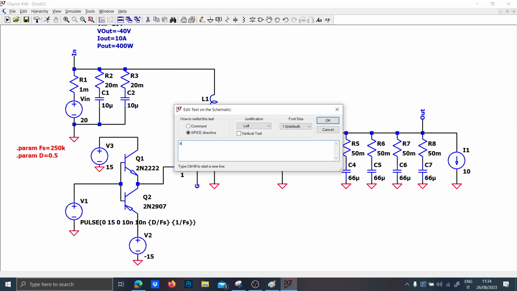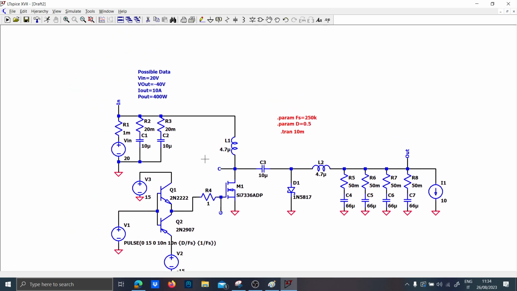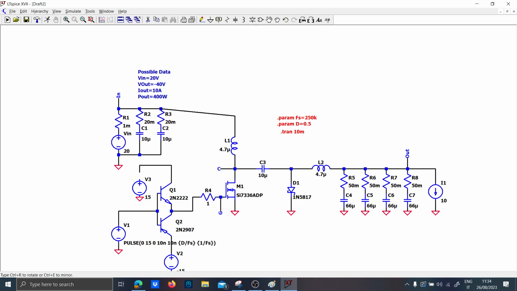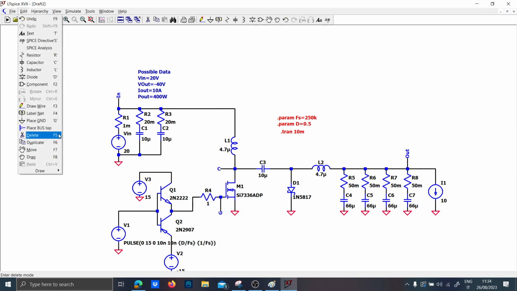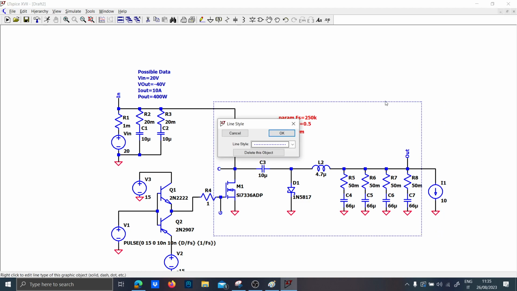Let's put a transient of 10 milliseconds, and now we should be fine. Let me just use some rectangles to see exactly which is which. So this is actually the Cuk converter.